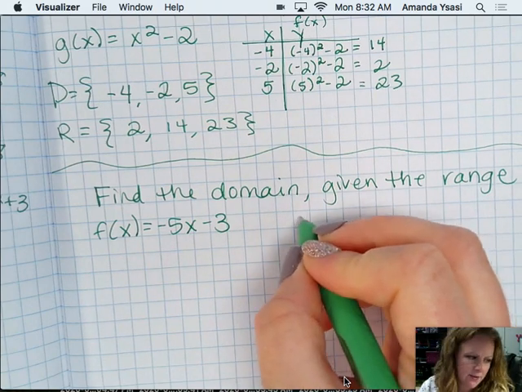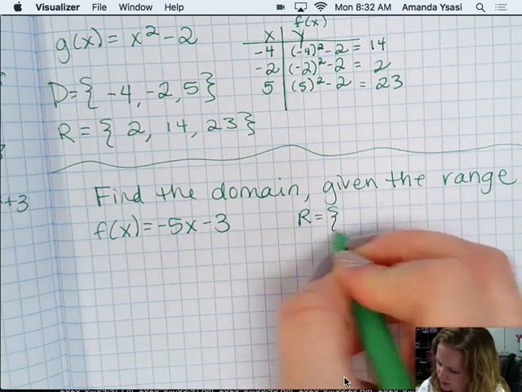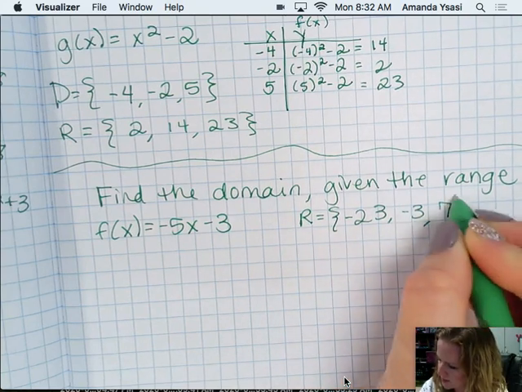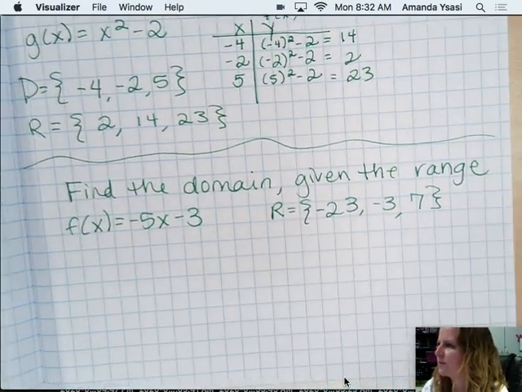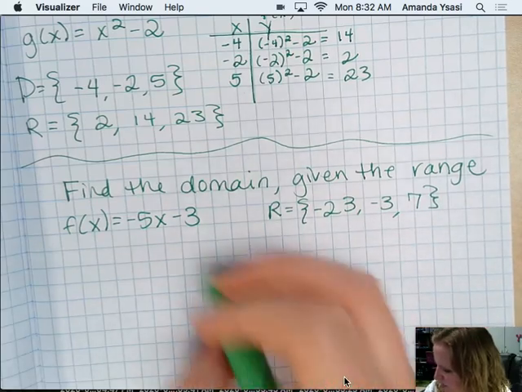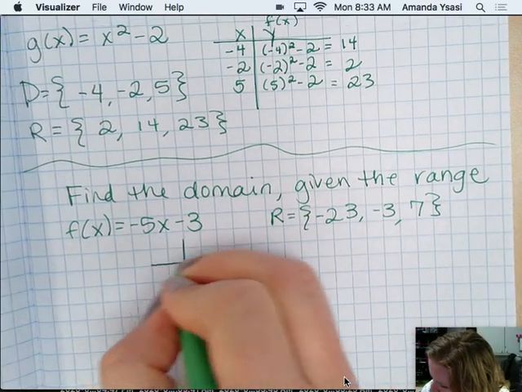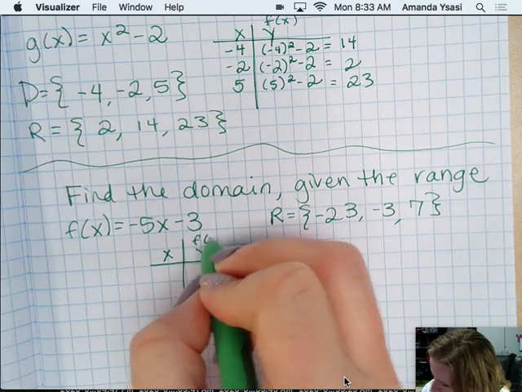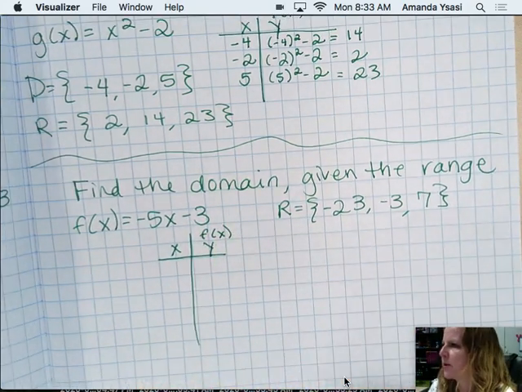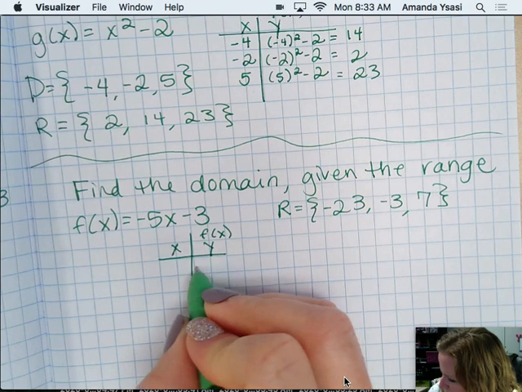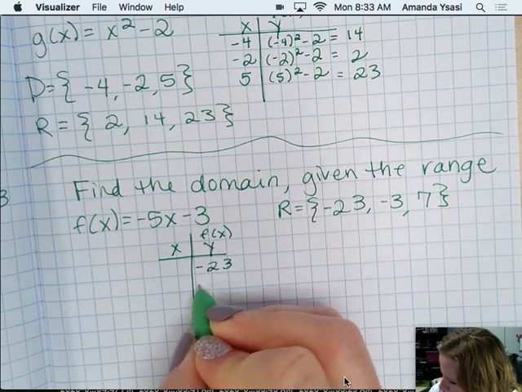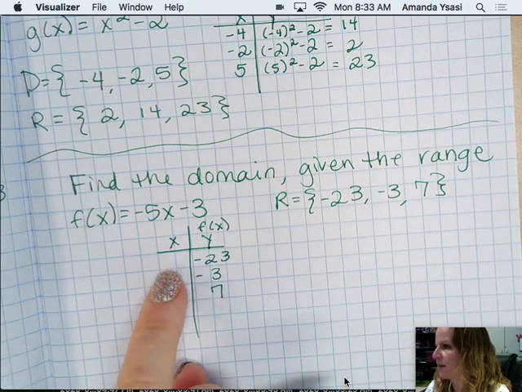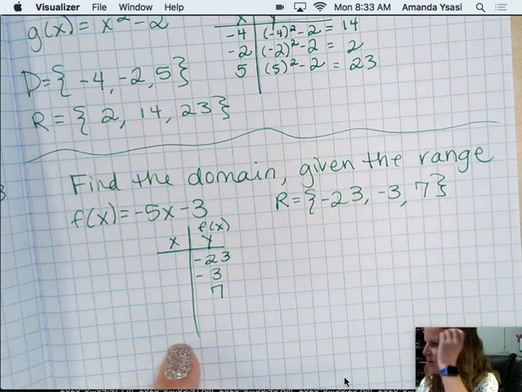And they're saying that the range is -23, -3, and +7. And we're asked to find the domain. So we need to do it the opposite way. Well, not really the opposite way, but this is -23, -3, and 7. So now you're finding what are the x values.